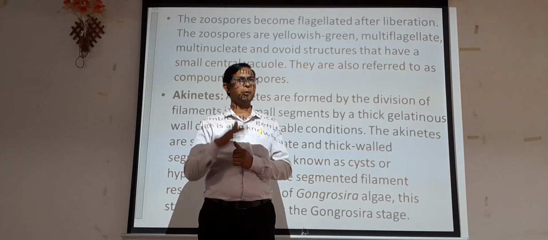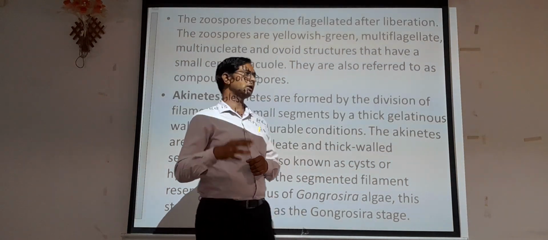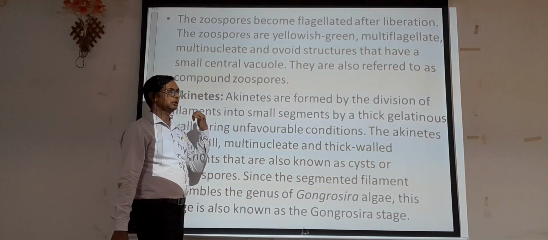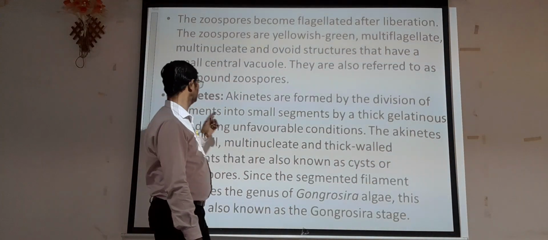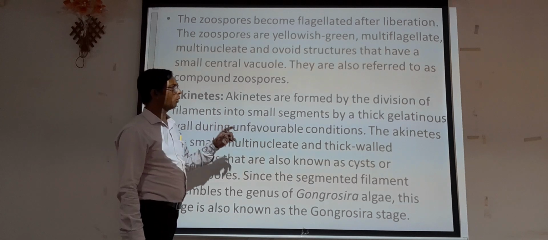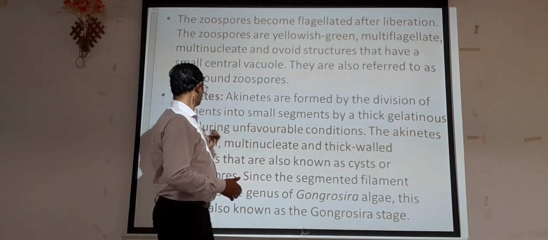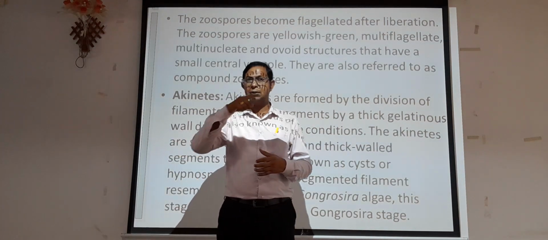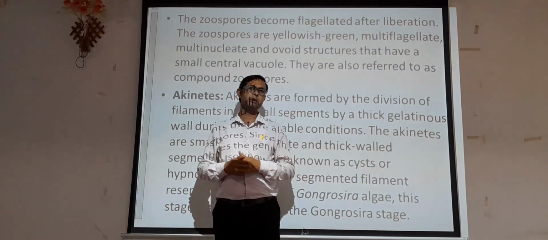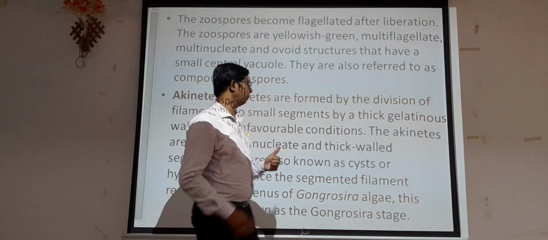That leads to unfavorable conditions, and these unfavorable conditions start to produce these akinetes. So what are akinetes? Akinetes are formed by the division of the cell or filament into small segments by a thick gelatinous covering or wall during the unfavorable condition. So it produces a thick covering on that cell, and it will protect that cell in the unfavorable condition.